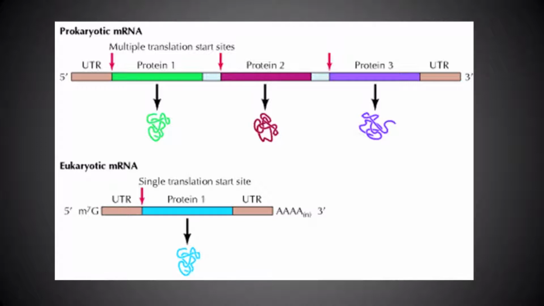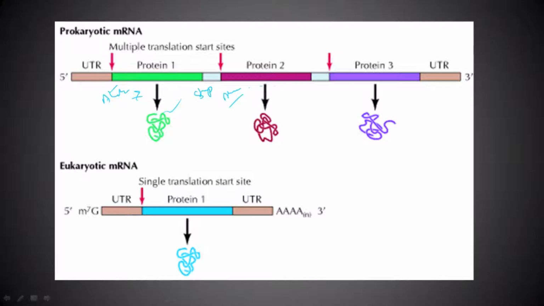Next, prokaryotic mRNA and eukaryotic mRNA. In prokaryotic mRNA, you can see it has multiple translational start sites, and it also has stop codons. Suppose AUG is there and translation starts, we get one protein, then there is a stop codon, and then if translation starts again at another AUG, another protein is made, and so on.